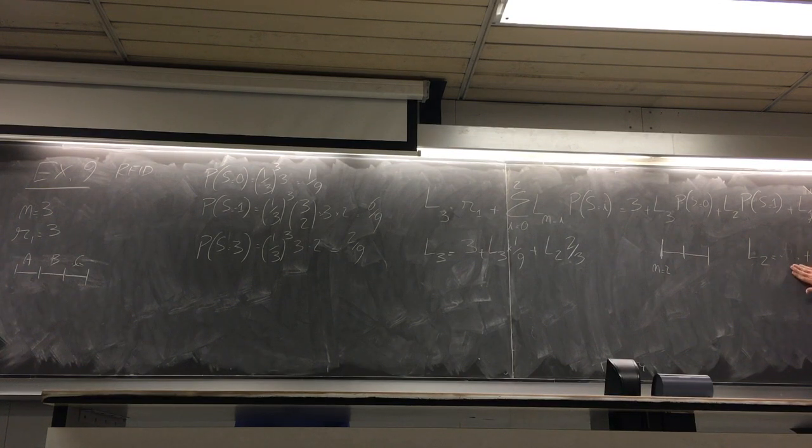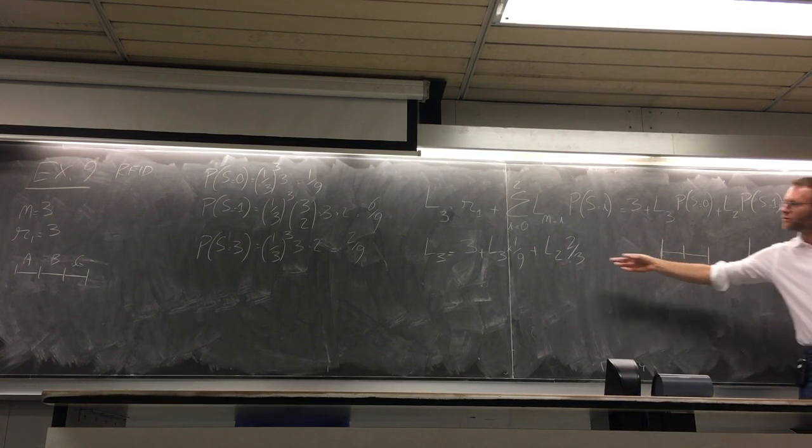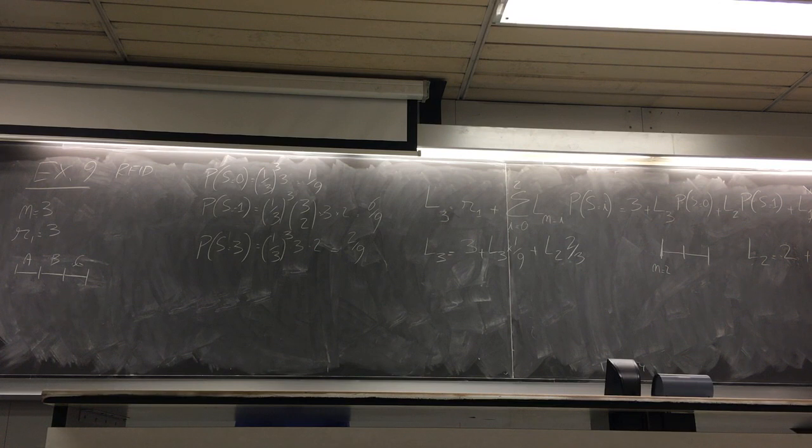By assumption of the text, we know that R of 2 is optimally set to the current backlog, so 2 slots. So we have to find the value of L of 2 using this recursion.